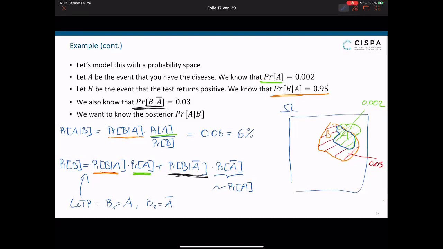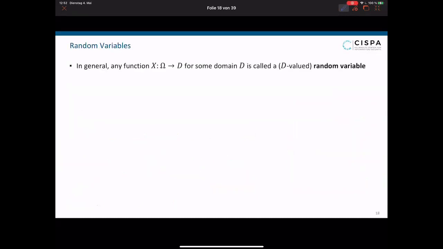And we're really going to see that a lot, how this specific use of Bayes' law and the law of total probability is really going to come up quite often in this lecture. And what we'll now introduce is a concept which will be helpful in modeling and abstracting certain things, something called random variables.